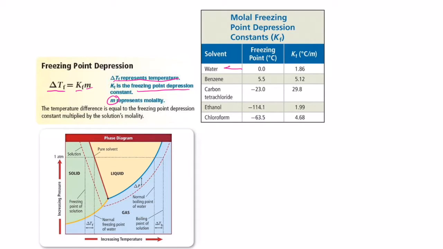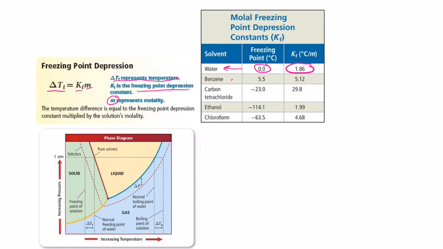Once again, we like water lots. Its normal freezing point is 0, and its freezing point constant is negative 1.86 degrees Celsius per molal solution. So for every molal solution I have, the freezing point of water will drop 1.86 degrees. If it's 2 molal, it will drop 2 times that amount.